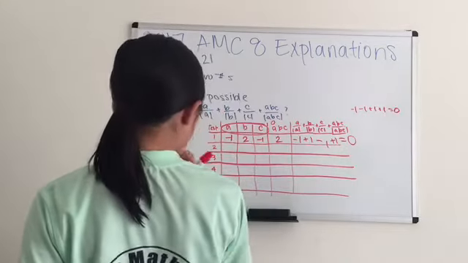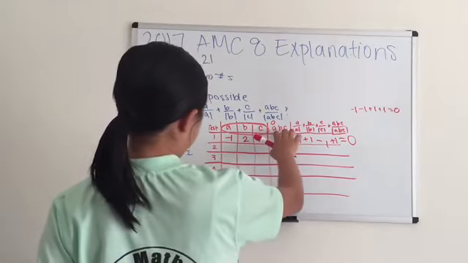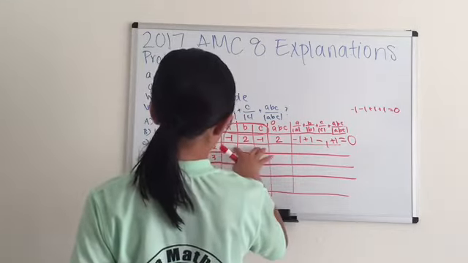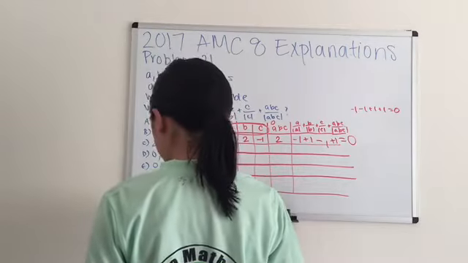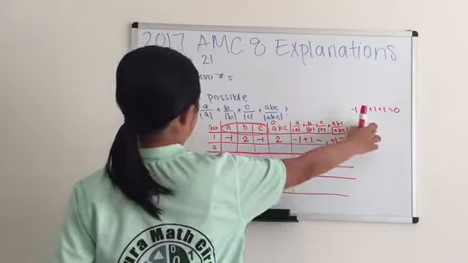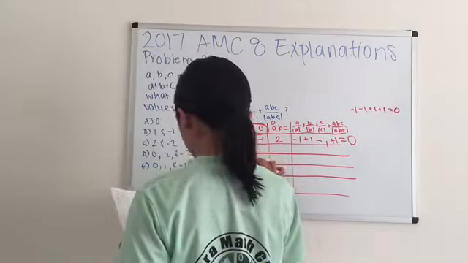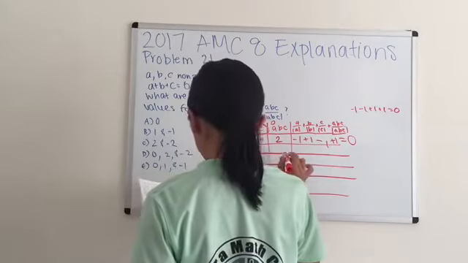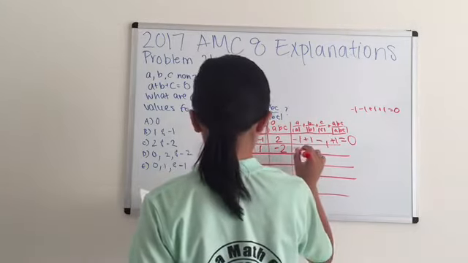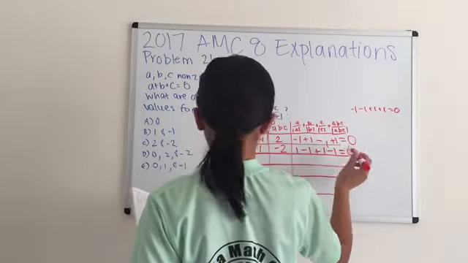Which means that if you take A, B, and C, and A times B times C, and two of the numbers end up being negative and two are positive, that means your answer will be a 0. So we could do another example, which is 1, -2, and 1, which multiplied together makes -2, and then when plugged into this equation makes 1 minus 1 plus 1 minus 1 equals 0.